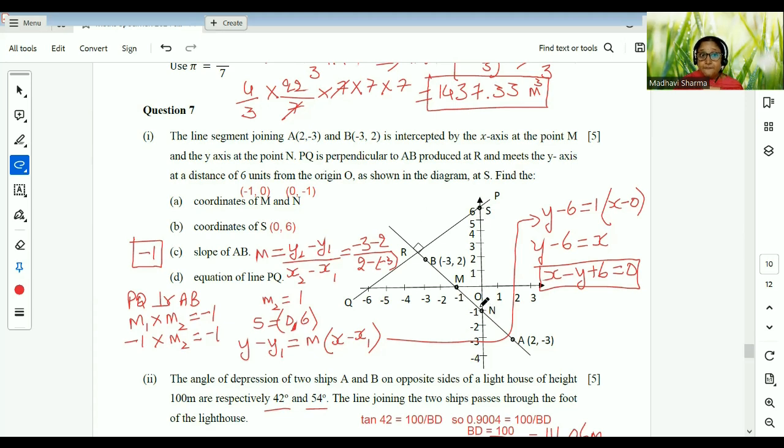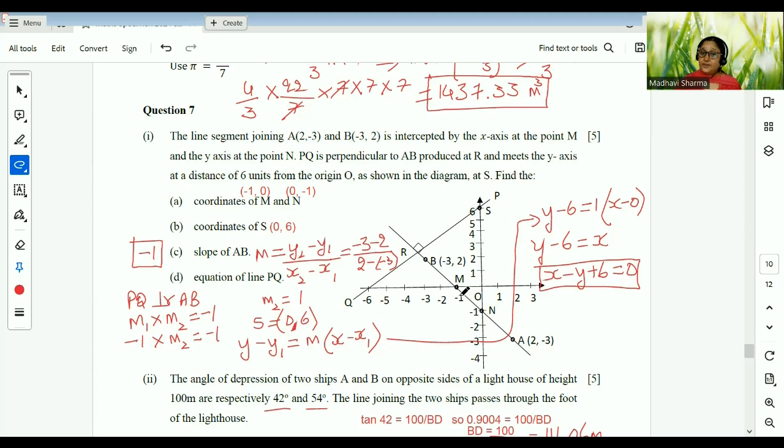Can you see this? PQ is perpendicular to AB, produced at R, here, and meets the y-axis at a distance of 6 units from the origin O, that is S is here, as shown in the diagram. Find the coordinates of M and N.